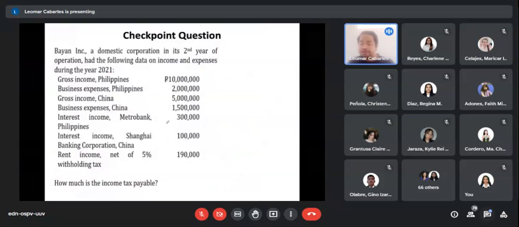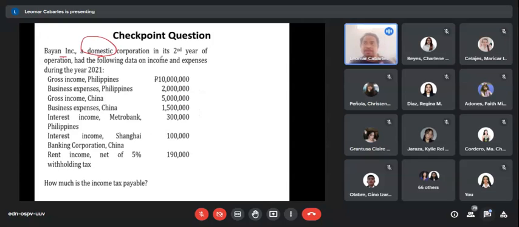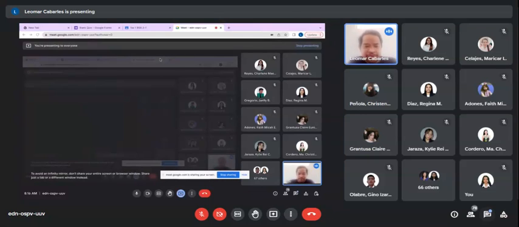So we have a question here, just to apply our knowledge. No? So the corporation here is a domestic one. So ito yung data ng income and expenses niya. So what's the taxation for the domestic corporation?